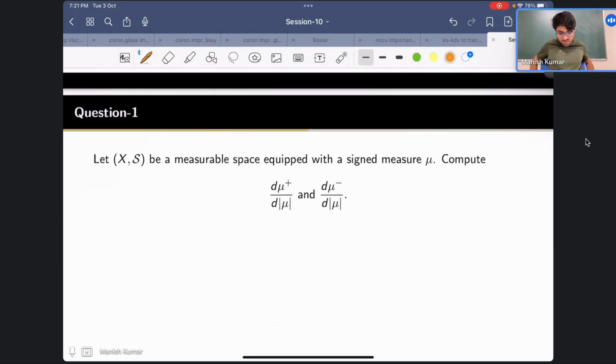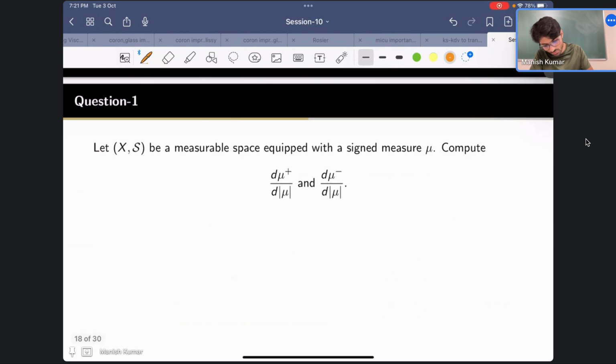We'll start with the computation of this derivative, the Radon-Nikodym derivative. So let's start with this problem. Let me recall what this mu plus and mu minus was. This mu was a signed measure.